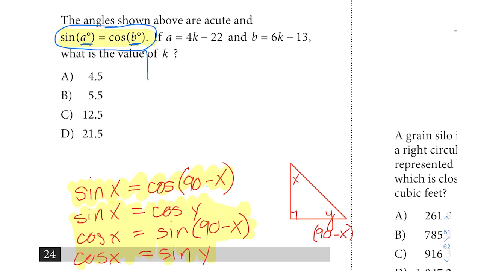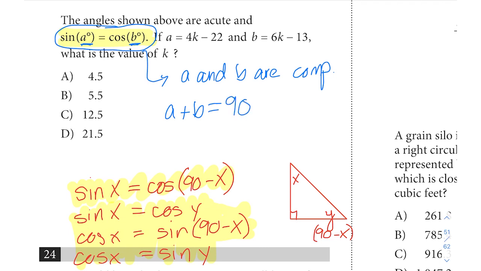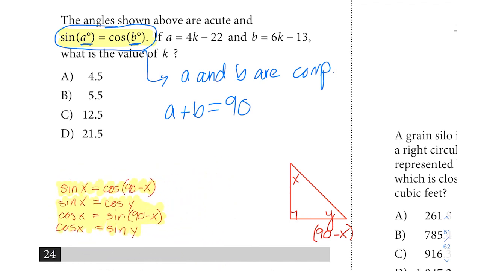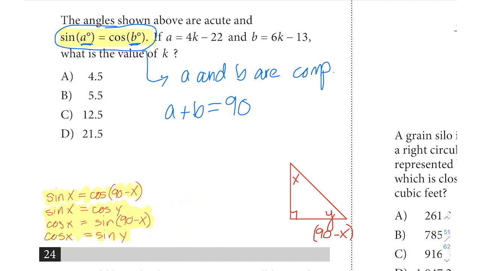If you can recognize that relationship, if the sine of a equals the cosine of b, this is a fancy way of telling you that a and b are complementary. Numerically, a plus b would have to equal 90 degrees. And that's all we need for this question.